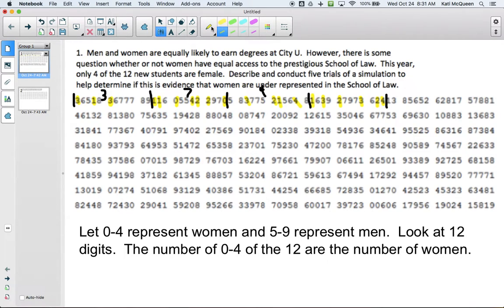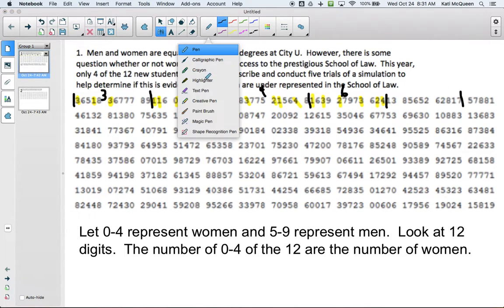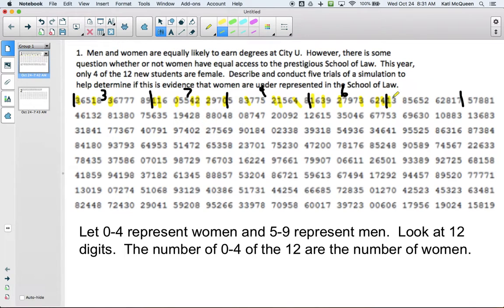So this trial we had 6 women. And then our last trial will end here. And I want to highlight how many women there are, so how many 0s through 4s. So we have 1, 2, 3, 4, 5 women in this trial.